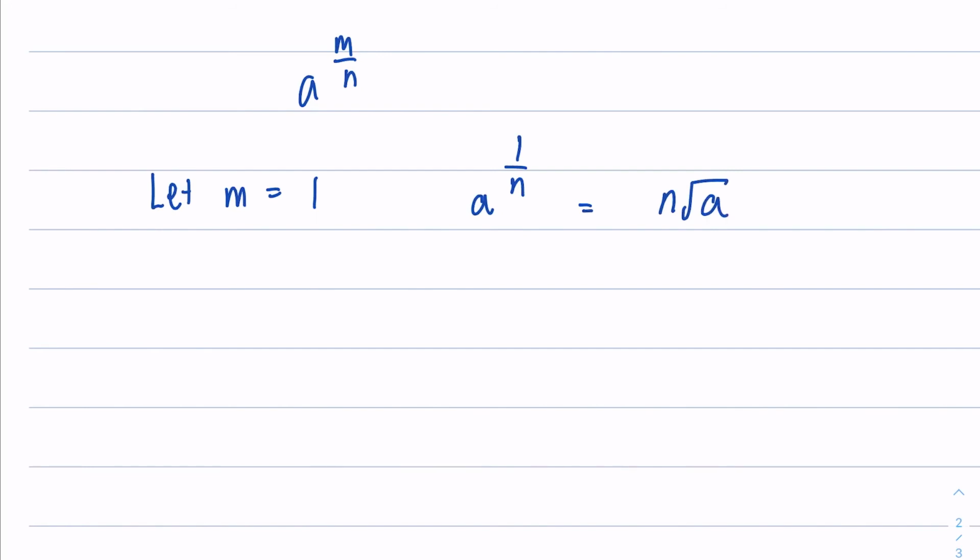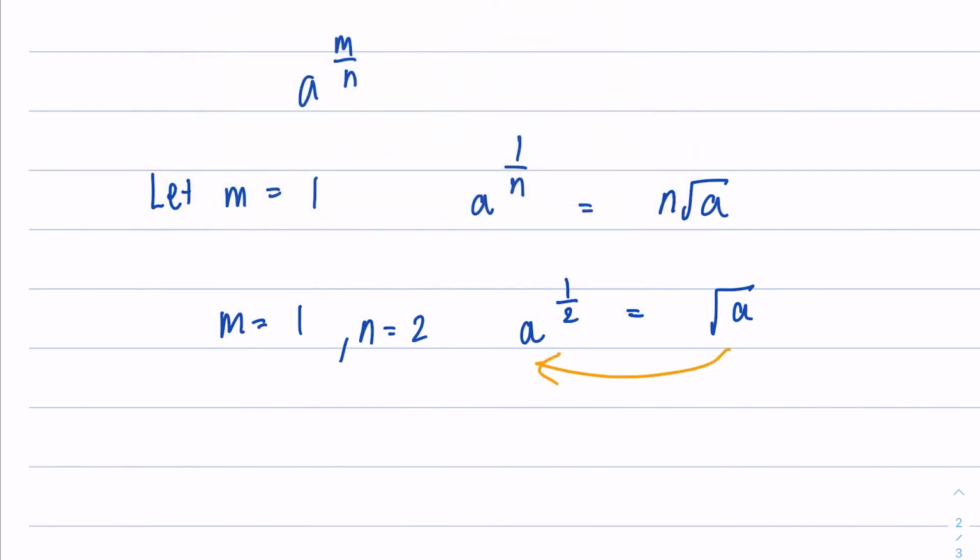Now, when m is still 1, but n is 2, we will get a to the power of 1 over 2. In this case, you will still get your square root of a, because the square root of a can be rewritten as a to the power of half, as you can see here.